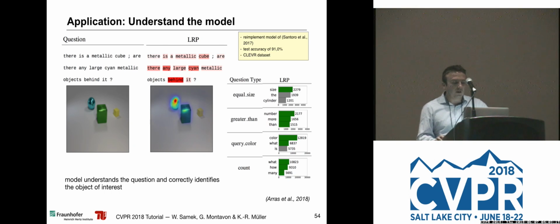If the question regards the size, equal size, then "size" becomes a very relevant word. If the question has something to do with counting, then words like "how" or "how many" are very relevant, and so on. So we can verify in this case that the model does something useful, and it learned the semantics behind these questions.